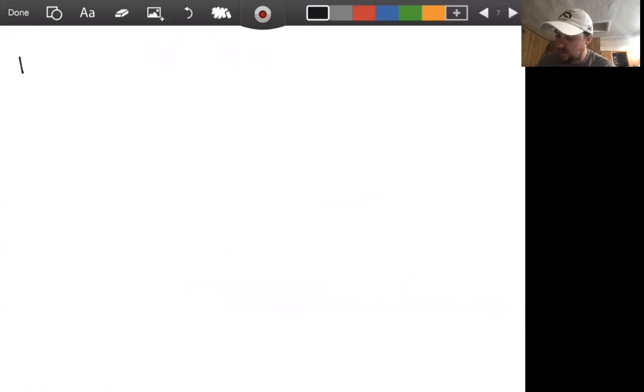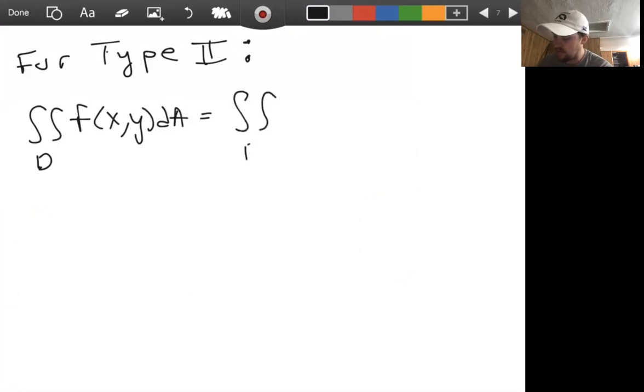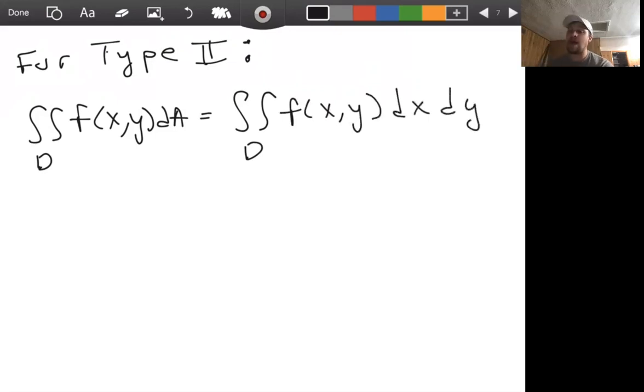And so for a type 2 region, you get something similar. The double integral over D of f of x y dA is equal to the double integral over the region D of f of x y dx dy this time, because now the x bounds depend on y.